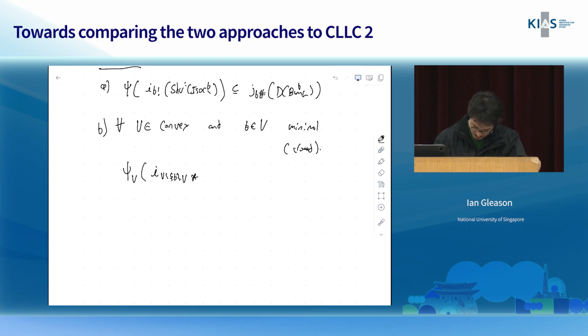I take this and I take lower star, and I can take Isoc of B minus the point, and I need to justify for you that this is inside of this.